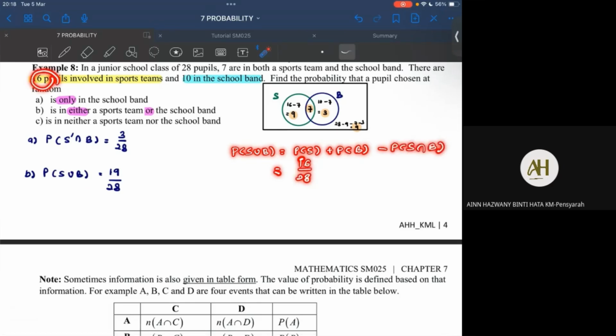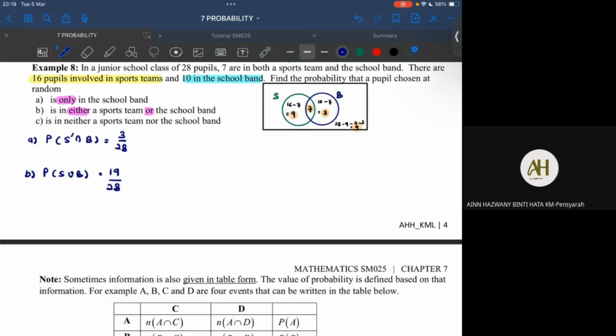Berapa orang dalam band? 10. Okay, so plus 10 over 28. Berapa orang dalam kedua-duanya? 7. So minus 7 over 28. So that will get us to 19 over 28. Okay, so basically formula apa yang kita belajar, yang 4 formula tu datang daripada Venn diagram kita lah. Okay, datang daripada Venn diagram kita di sini.